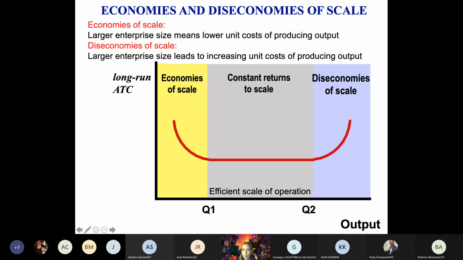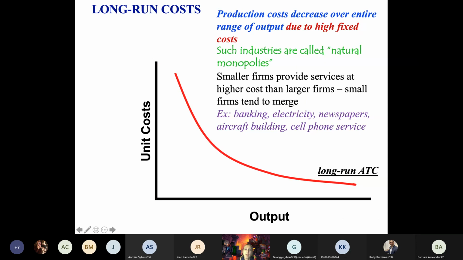So in some industries, it may well be that the cost of production declines over the entire range of possible output, because in many industries, the cost of setup, the fixed cost of setting up production, is really high, and that applies to banking, to electricity supply, like utilities, to newspapers, right?